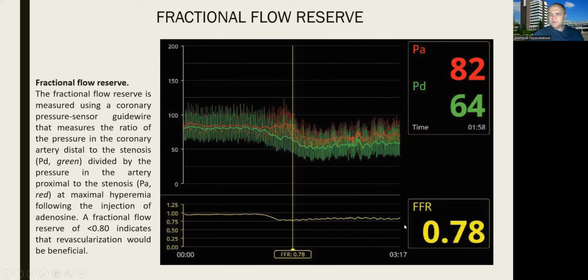Fractional flow reserve is less than 0.8. That indicates that revascularization would be beneficial for this patient.